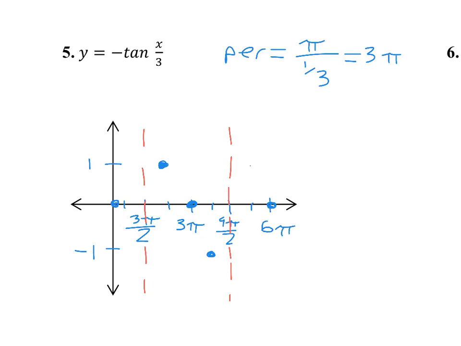So the points on the left of the 0 are going to be up at 1. The point to the right of the 0 is going to be at -1. So in the middle, we can draw a complete period of our tangent graph. Over here, I can draw a half period, and same thing, I can draw another half period there.